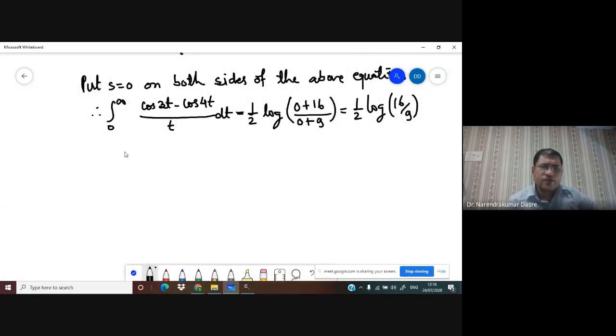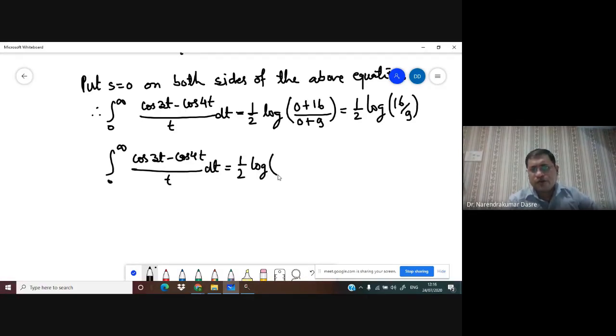So we get here, this is integral 0 to infinity cos of 3t minus cos of 4t upon t dt is equal to half of log of 16 by 9. What we know is m log x is equal to log of x raised to m.